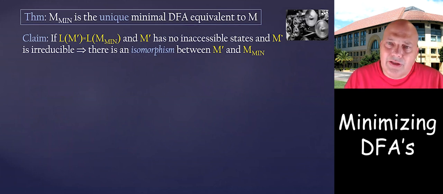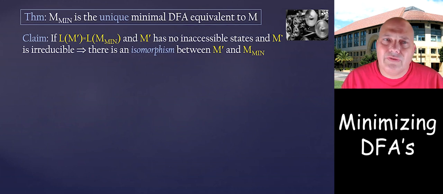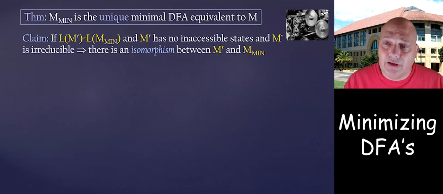So what have we done so far, and what's left for us to do? What we've shown so far is that this algorithm gives us another automaton that is equivalent to the one we started from. And also we know by definition that the automaton we are producing is irreducible.